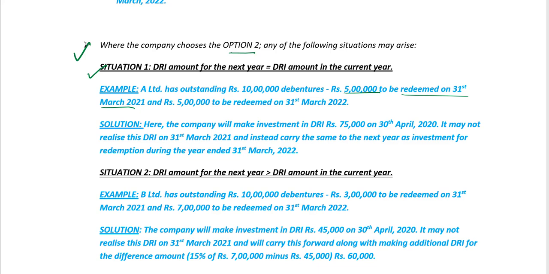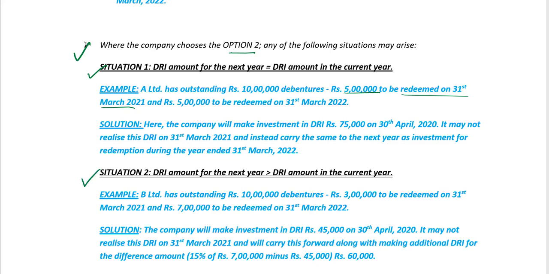On 30th April 2020, it may not realize this DRI on 31st March 2021 and instead carry forward the same to the next year as investment for redemption during the year ended 31st March 2022. Now this situation is fairly simple.